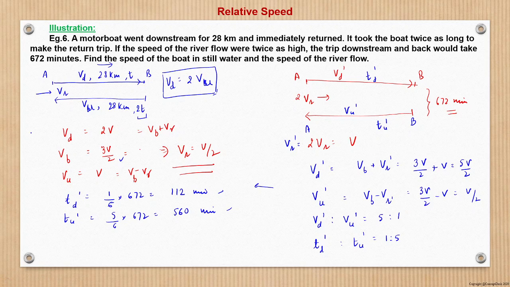So time, now see again. So here we know that time downstream is 112 minute and distance is same 28 kilometer. So 28 kilometer at a speed downstream is 5v by 2.